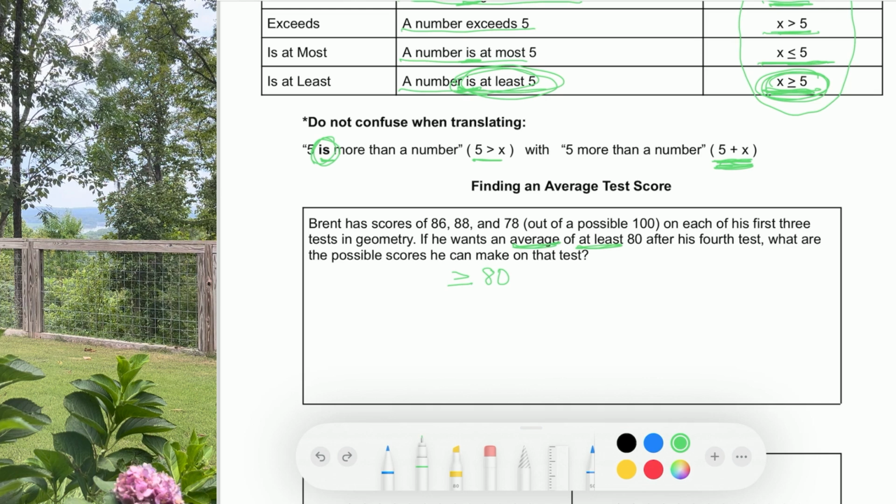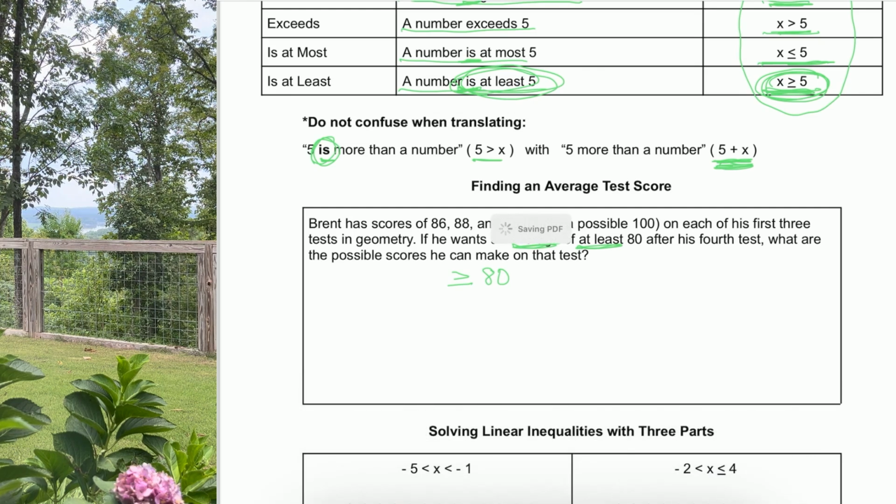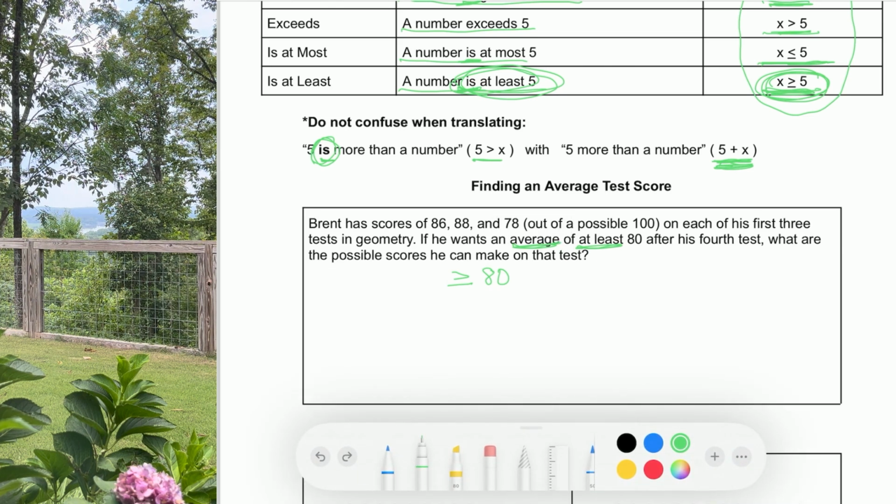All right, so let's figure out how to fill in the left-hand side. Brent has scores of 86, 88, and 78 on his first 3 tests. We don't know his 4th test. They want to know what he has to make to get an average. That means we're going to divide. Remember, average means division. So what we're going to divide is his total math score from all his tests, okay?